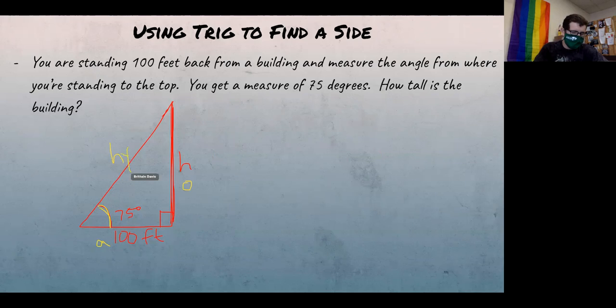And here I might write hypotenuse just to clarify a little bit. So at this point, if I know the adjacent side and I'm solving for the opposite side, then what is my trig ratio?